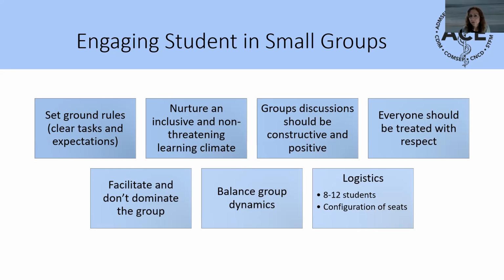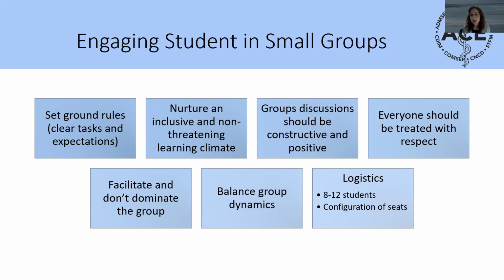So creating that very inclusive environment, that it's non-threatening, that everyone respects each other. So I think that creates an environment where there is good discussion. And also the facilitator should always try to make those group discussions constructive and also positive.